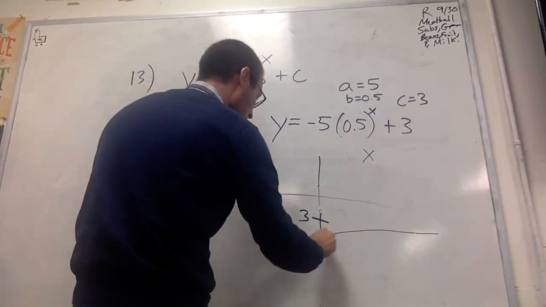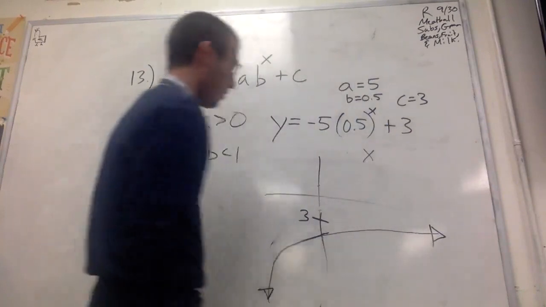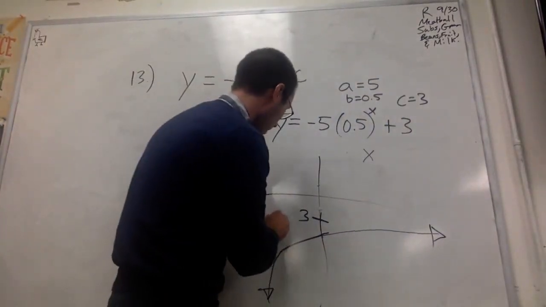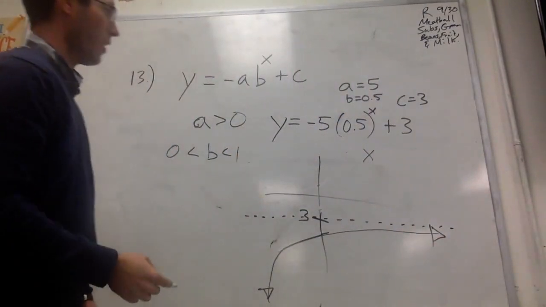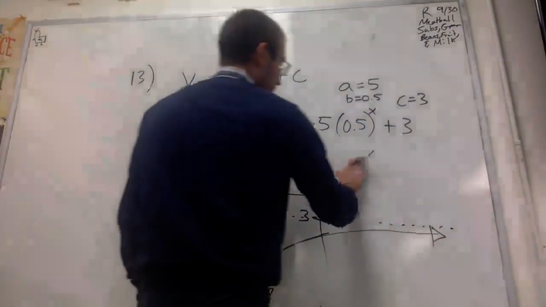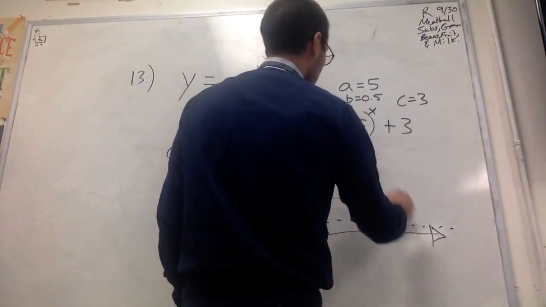So this exponential function looks something like this. So the horizontal asymptote right here is right at 3. It never quite hits 3. And you can verify it by throwing in a number like x.